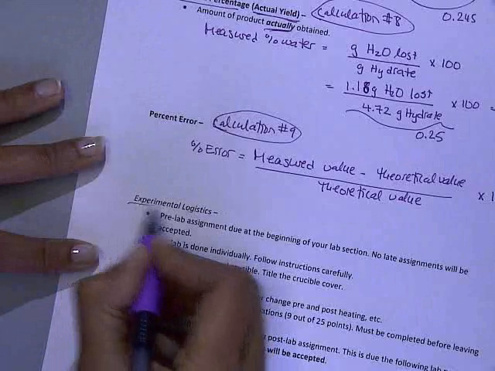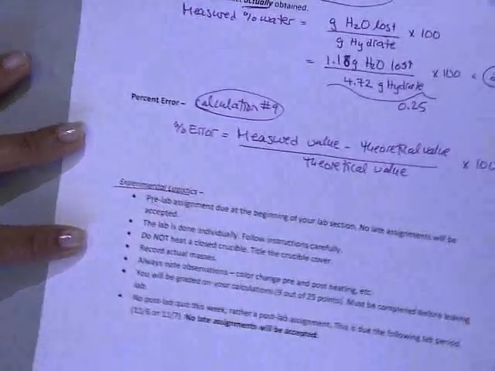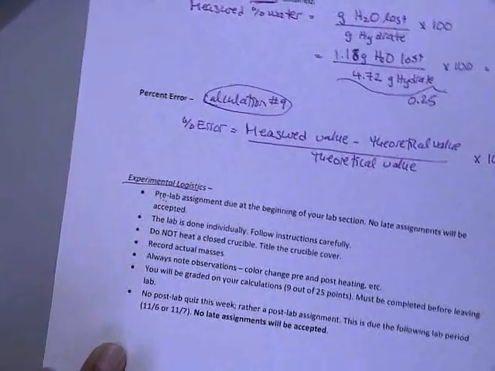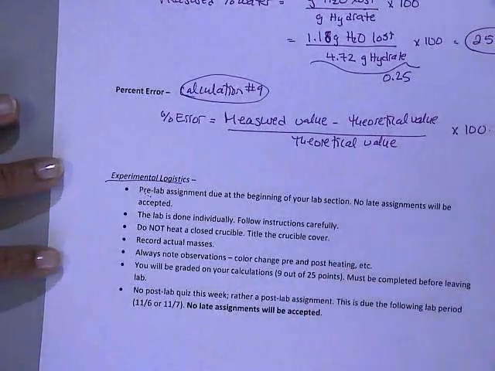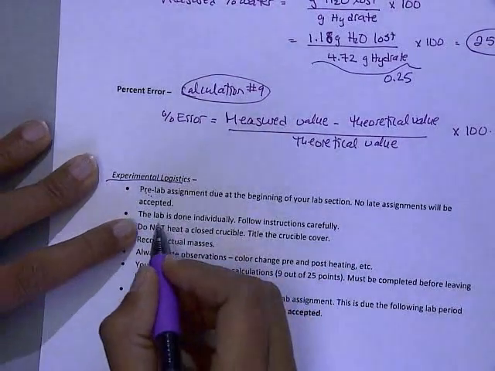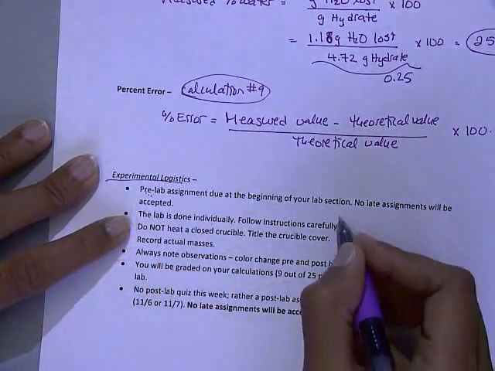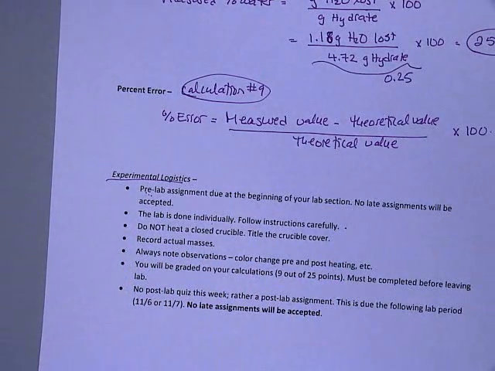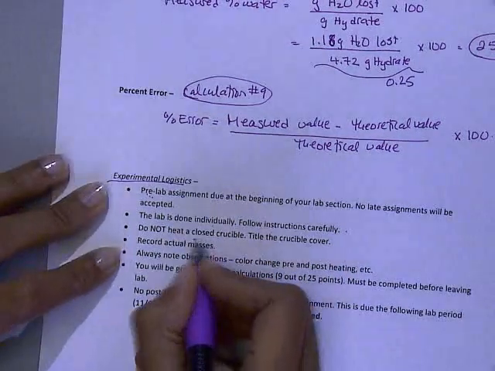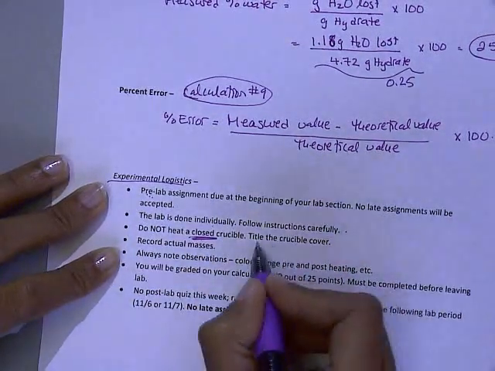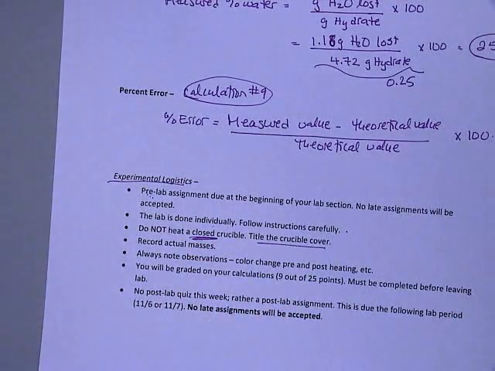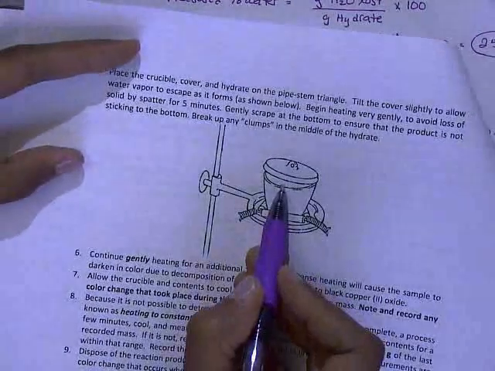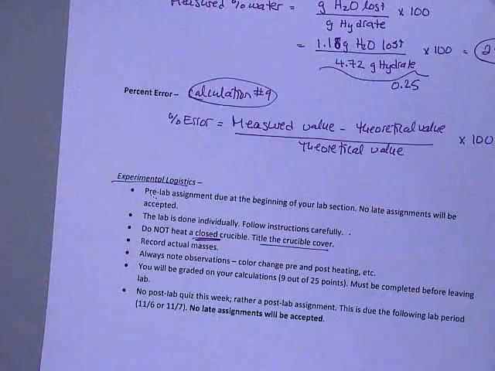A few experimental logistics. Don't forget your pre-lab assignment is due at the beginning of your lab section. We will not accept any late assignments. This lab is done individually, so please follow instructions very carefully. Do not heat the closed crucible, that's very dangerous. Tilt your crucible cover, and we show you a schematic of what we mean here. Tilt it slightly.